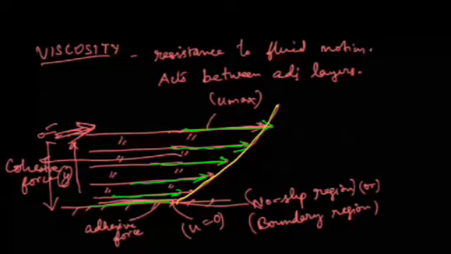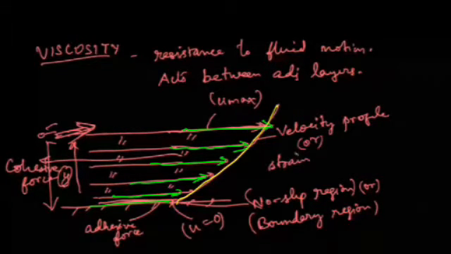Next, we'll give a name to this curve, this profile. I can call this the velocity profile, or I can even call this the strain curve. The velocity profile, we understood, since this is giving the different velocities for different layers.